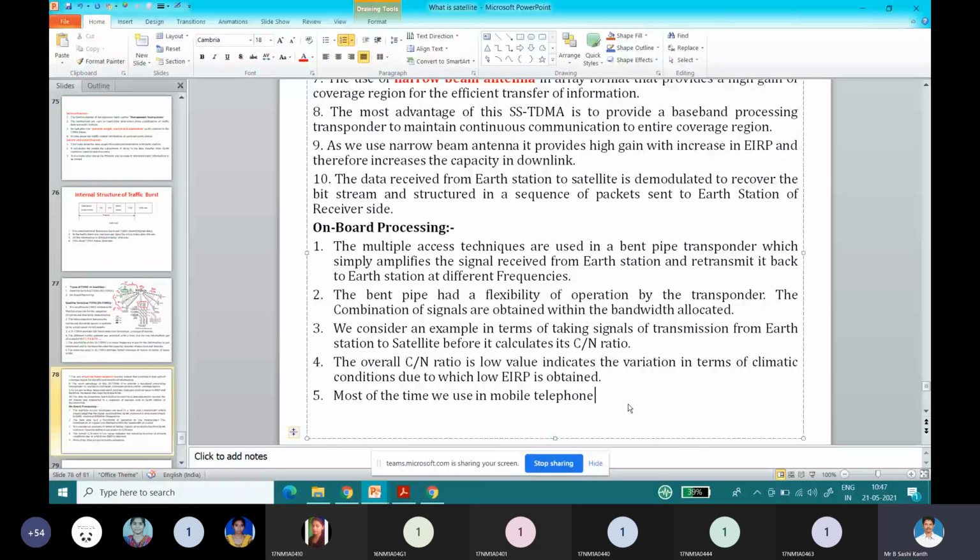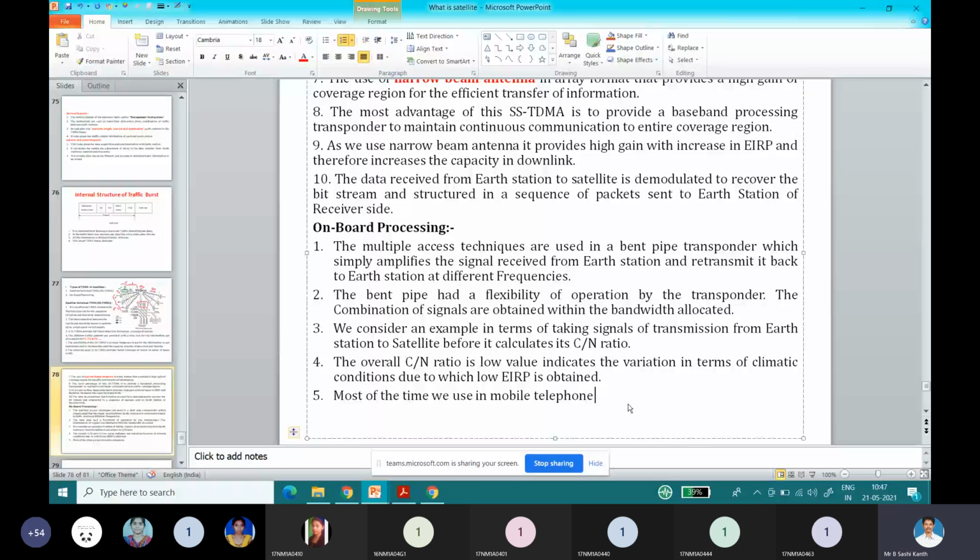It provides an increase in capacity, and it also has a narrow antenna beam. Narrow beam antennas in array format provide high gain over the coverage region. This gives good coverage and an increase in the EIRP, the effective isotropic radiated power, and therefore increases the capacity of the downlink.